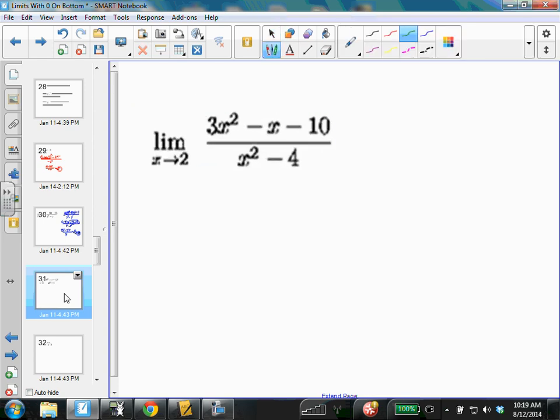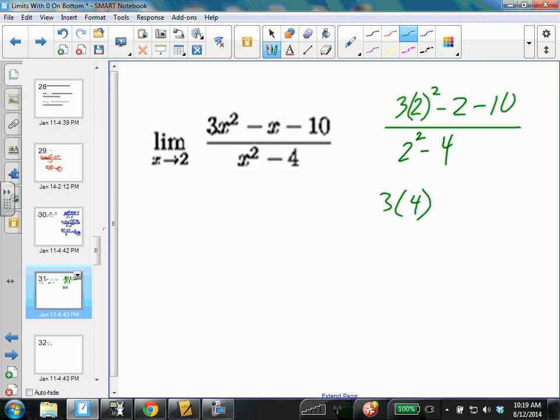So here we go. We're going to plug in, and what's going to happen is going to be 3 times 2 squared minus 2 minus 10 over 2 squared 4. Trouble, right? Because this will be 3 times 4 when you square the 2.